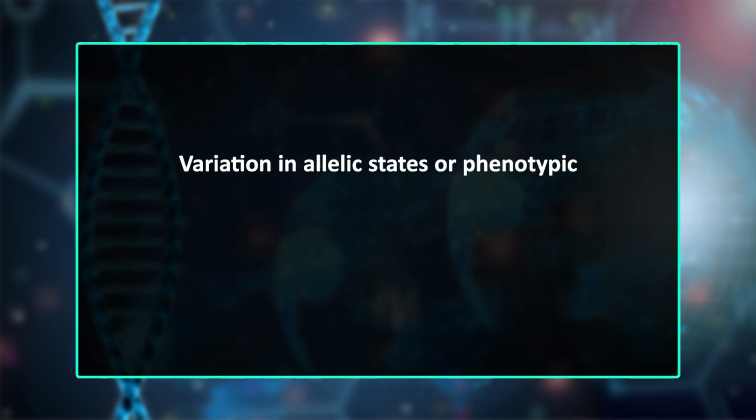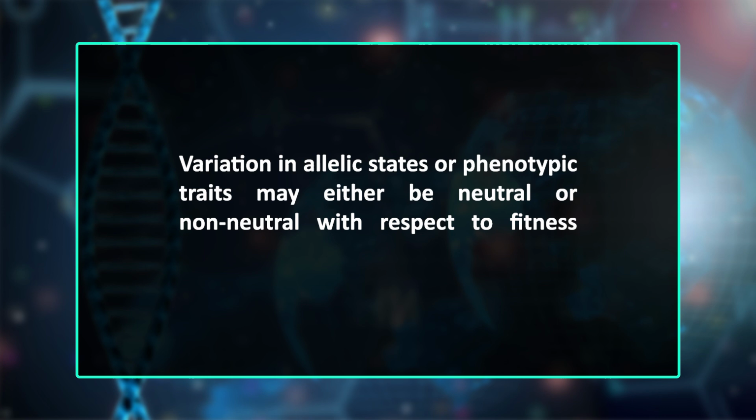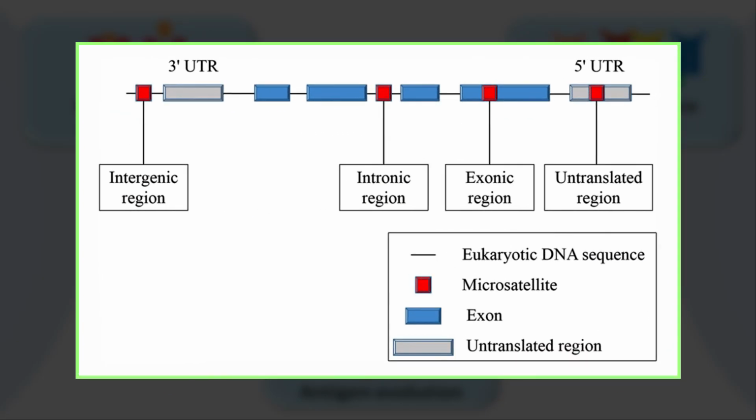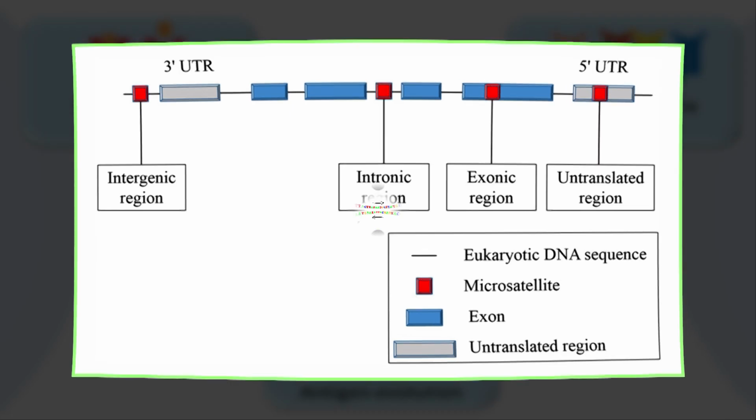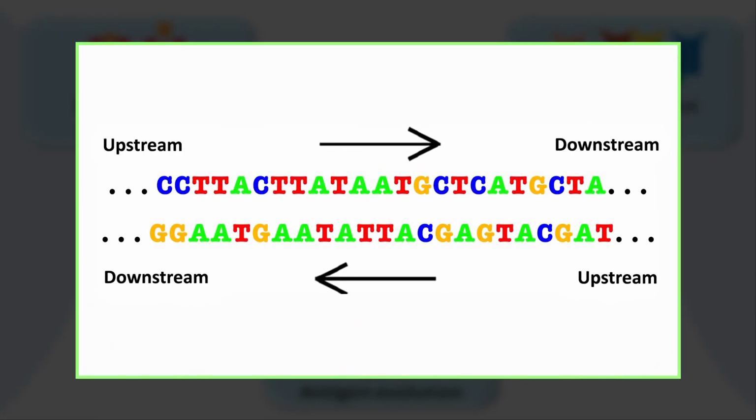The variation in allelic states or phenotypic traits may either be neutral or non-neutral with respect to fitness consequences. For example, molecular markers such as microsatellites, AFLPs, direct DNA sequences, or protein polymorphisms typically represent discrete allelic states that are assumed to be neutral.